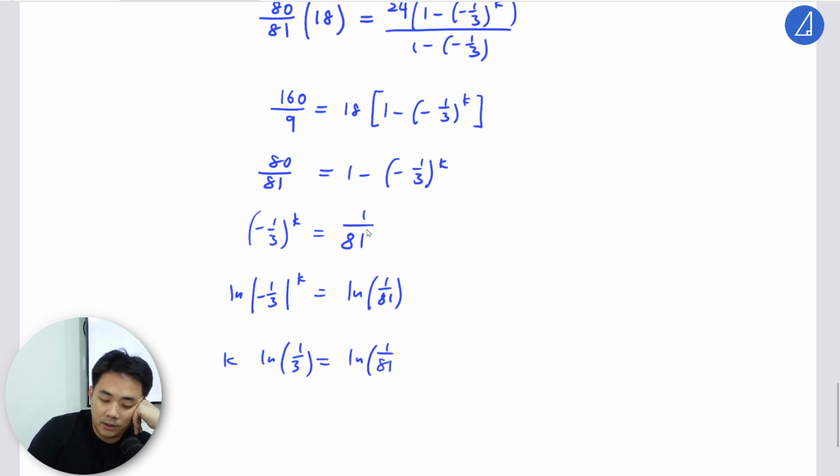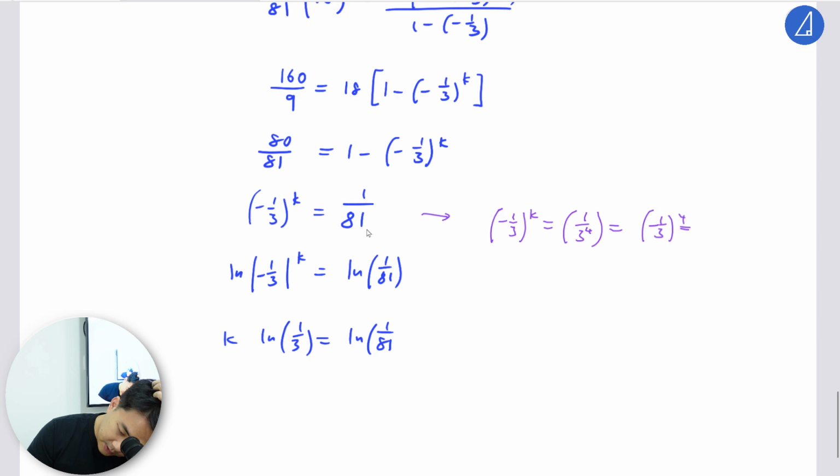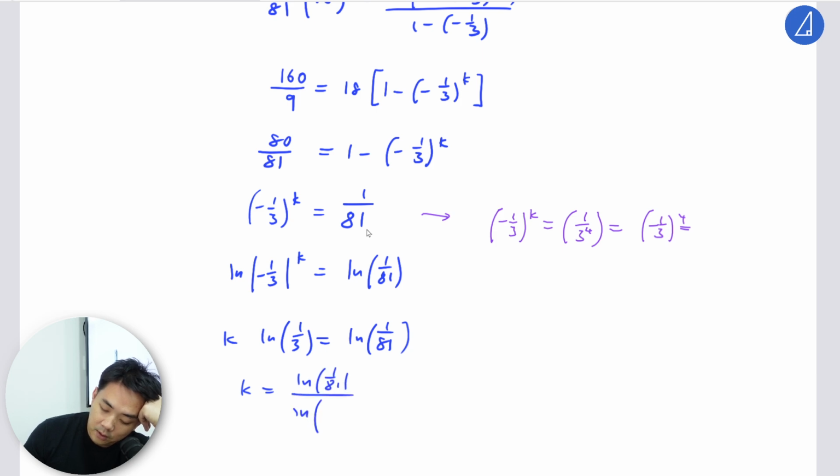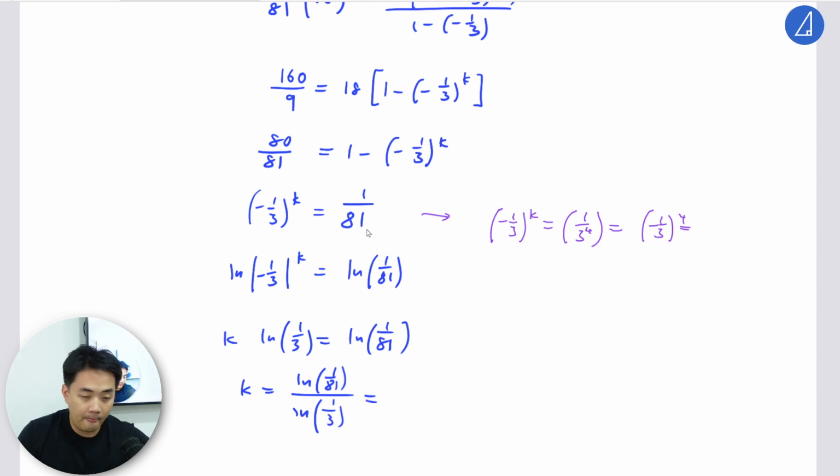But actually you can just understand that this is 1/3 to the power 4, because an even power will make it positive. But anyway, you just do this. K equals ln of 1 over 81 over ln of 1 over 3. K is 4.